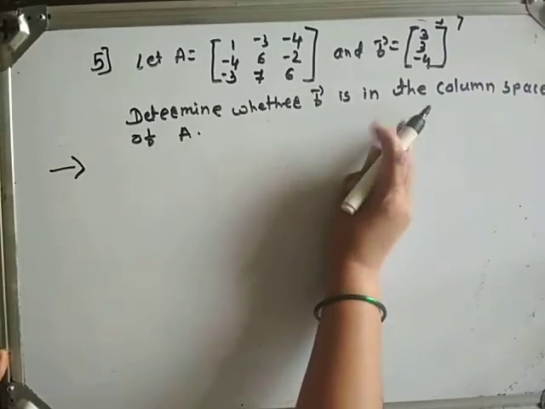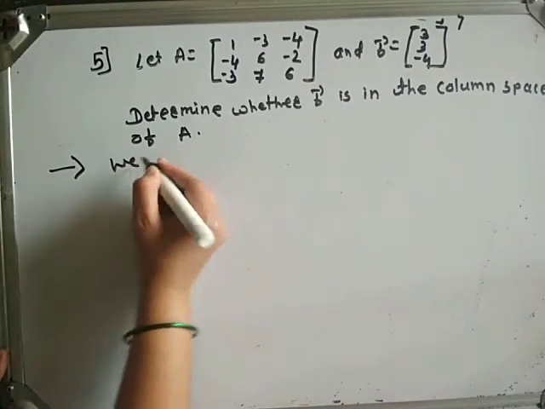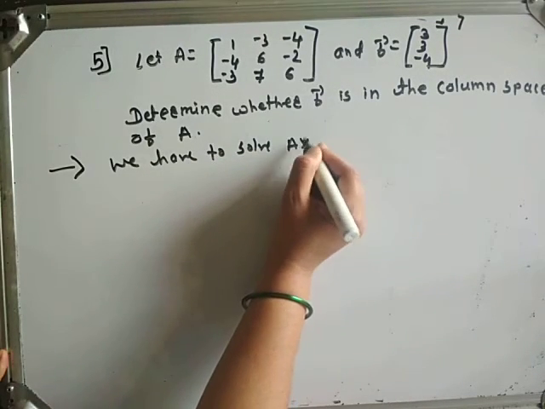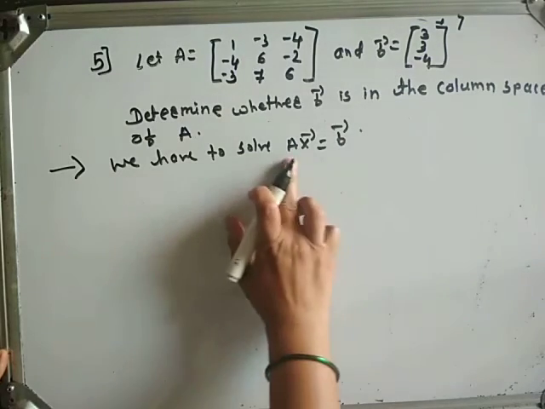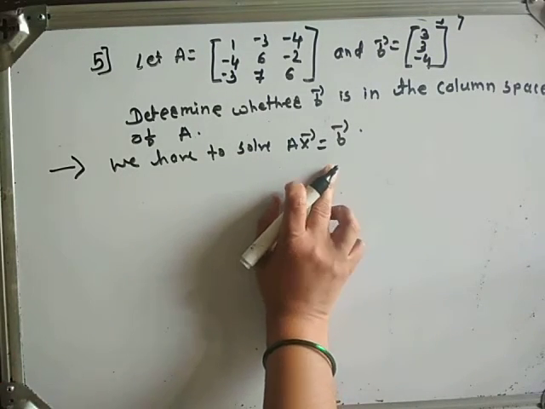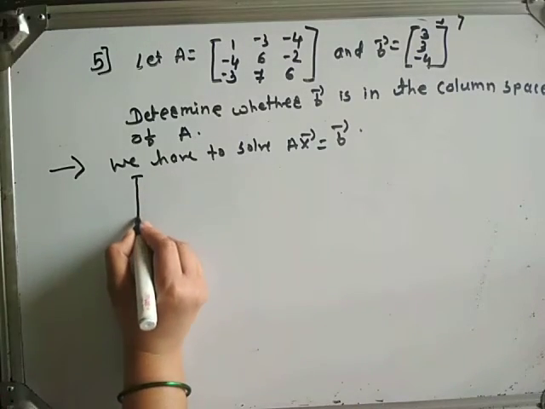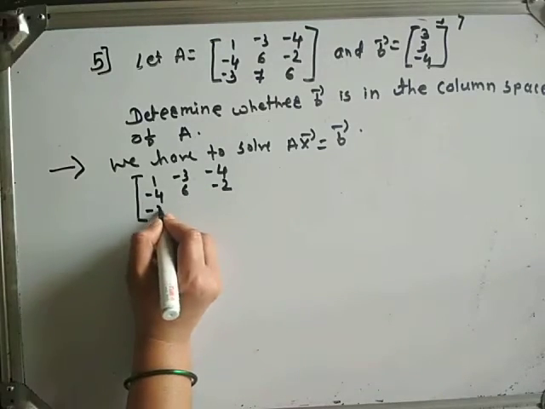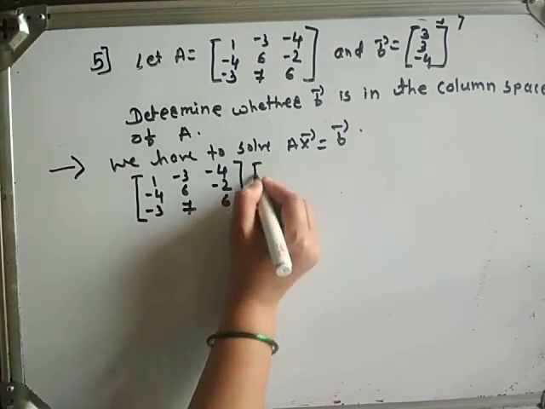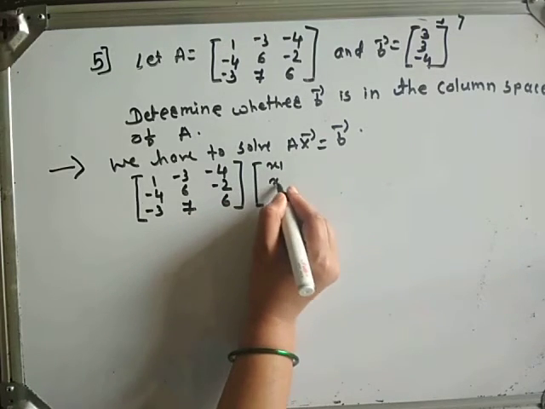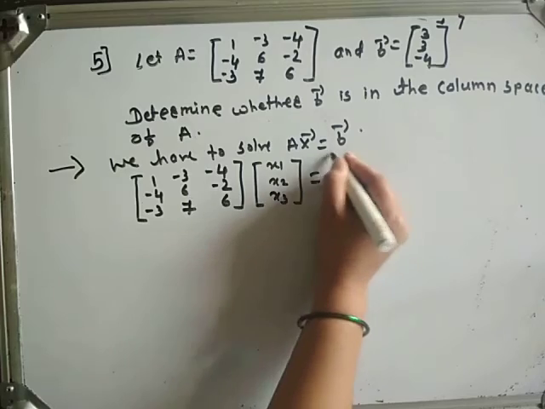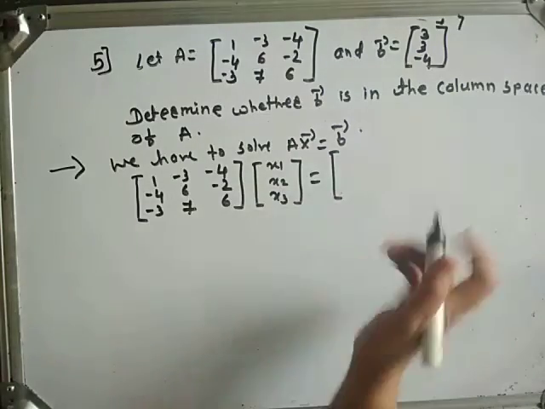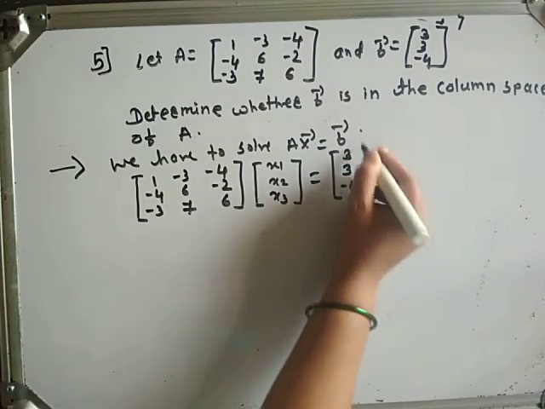To determine whether b bar is in the column space of A, we have to solve A into x bar is equal to b bar. If this system has a solution, then b bar is in the column space of A. Here matrix A is 1, minus 3, minus 4; minus 4, 6, minus 2; minus 3, 7, 6, into x bar, where x bar is x1, x2, x3, which is equal to b bar, which is given as 3, 3, minus 4.